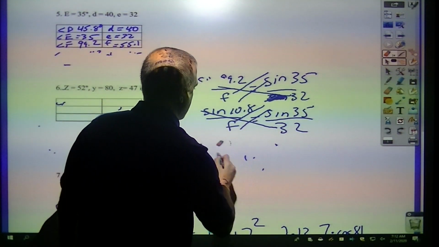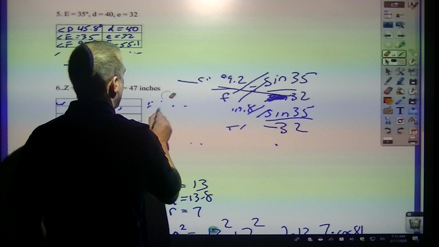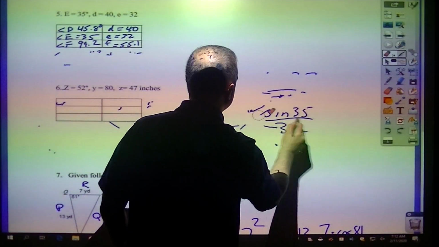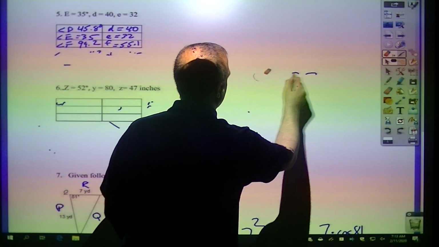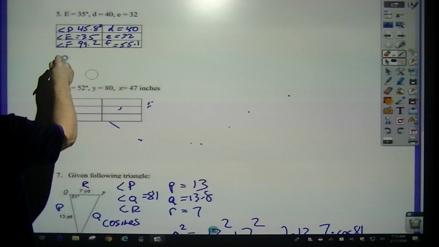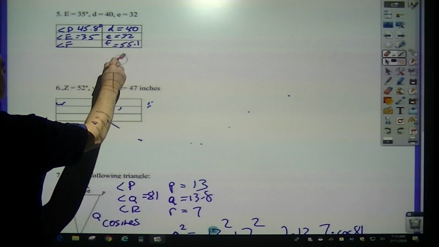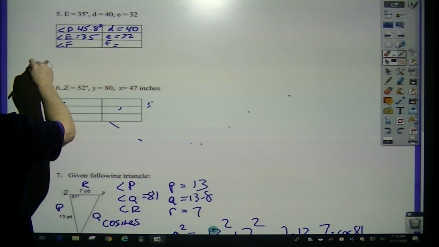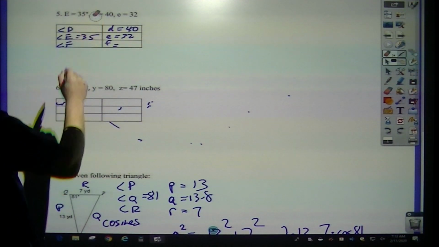This next one will also be a law of sines problem. Law of sines special case, where I'm not given the angle F yet, or the side F, or this angle D. So this is what I was given to start.